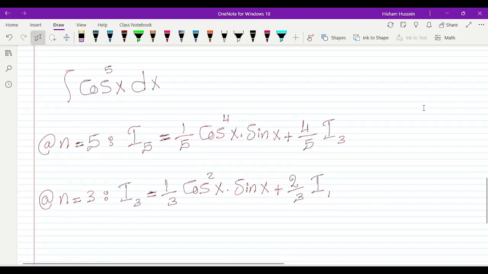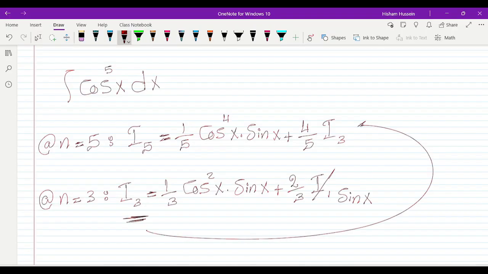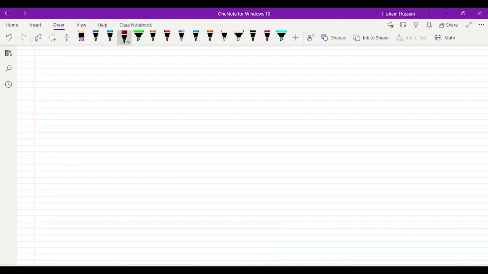So the integral of cosine x is sine x. Now we have I3. Substitute in this I3 to find I5. That's it. Okay, so following the same technique for finding the reduction formula for I_n equals the integration of sine to the power n x dx.